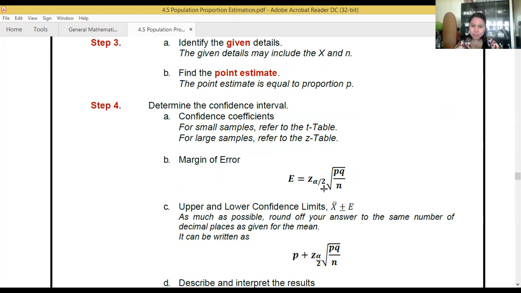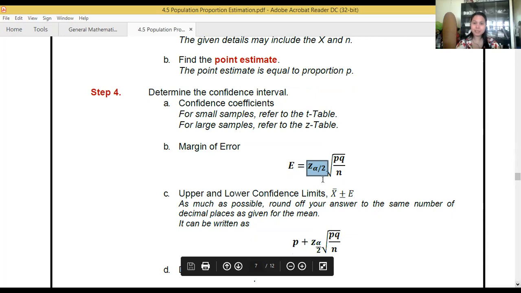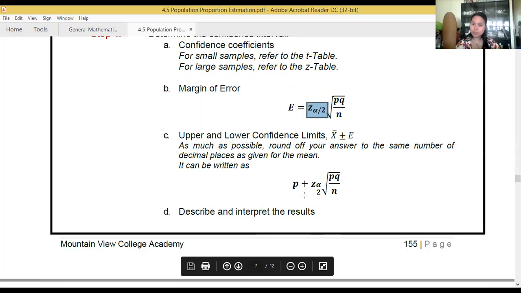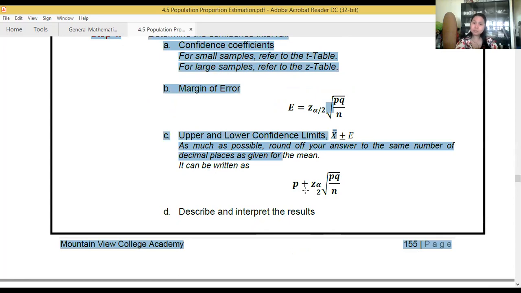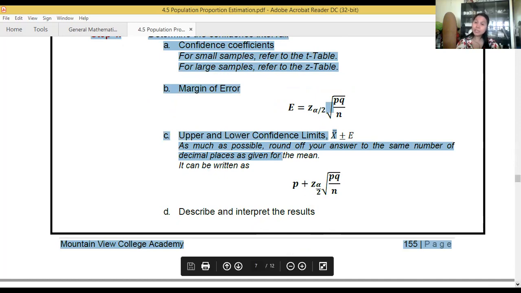So this formula here can be Z or can be T. Next, for the upper and lower confidence limits, that is our point estimate plus or minus the critical value times the standard deviation. Then we need to describe and interpret our results.